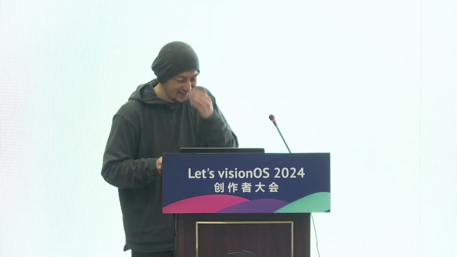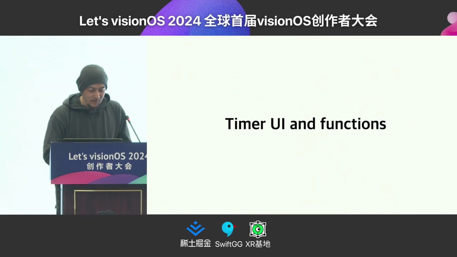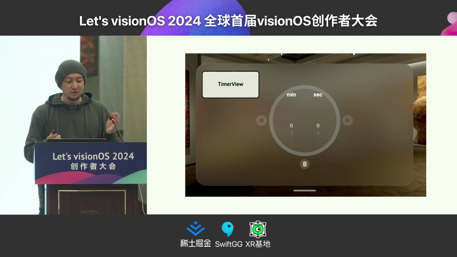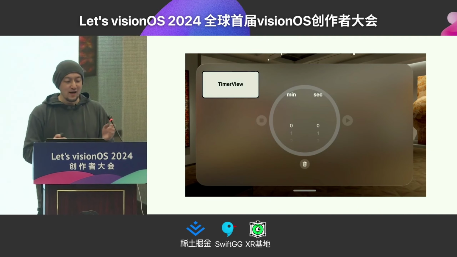So let's talk about the relative view attachments, timer UI and the functions. I use SwiftUI to make the timer view. And I made a timer model and timer manager. This is out of scope of this session, so please refer to my source code later.